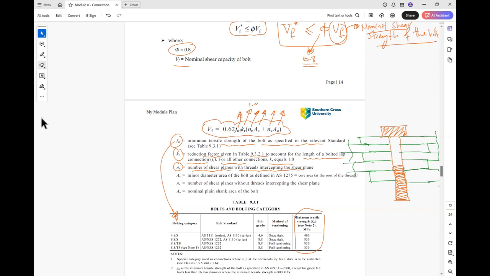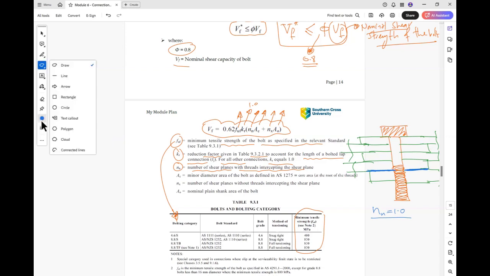How many shear planes go through the thread? The shear planes between the connected plates. So the number of shear planes through the thread is 1. So nn in this case is 1.